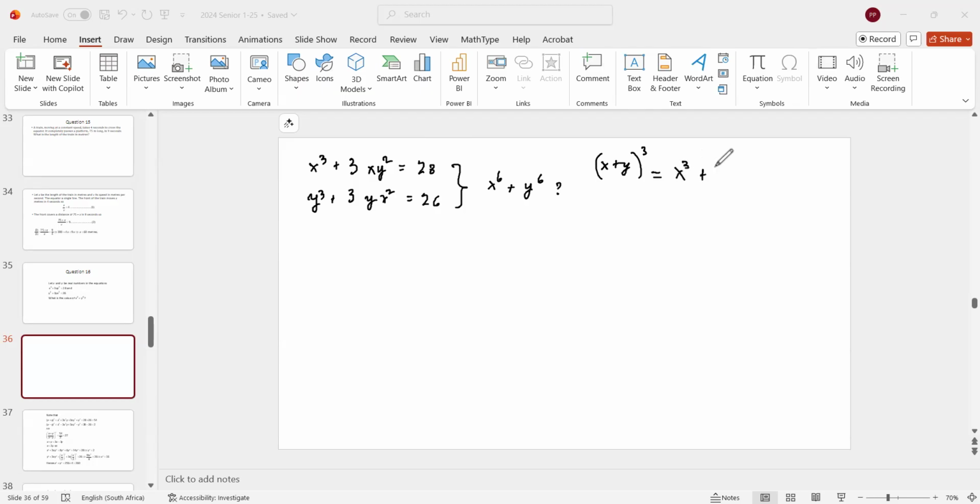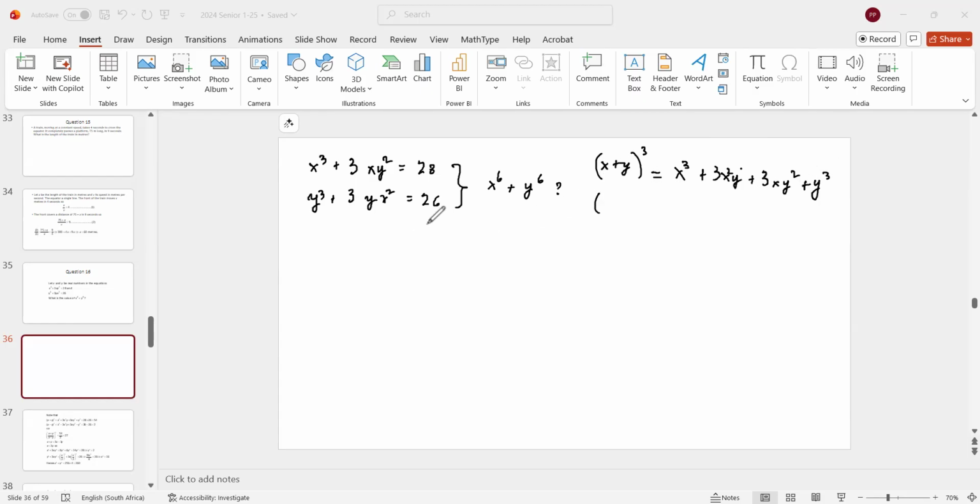So this is x cubed plus 3x squared y. When you're cubing it, the x is reduced in power and the y is increased. So another 3xy squared and then y cubed.